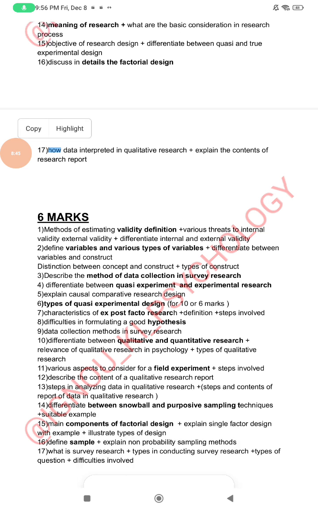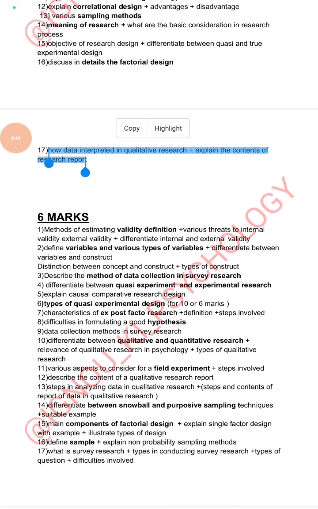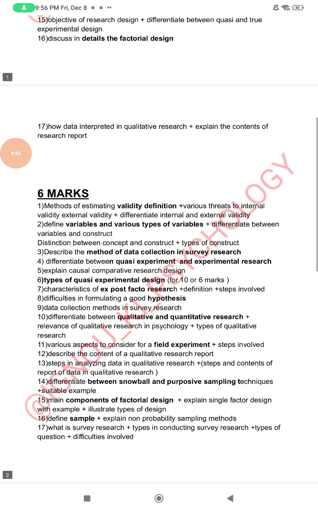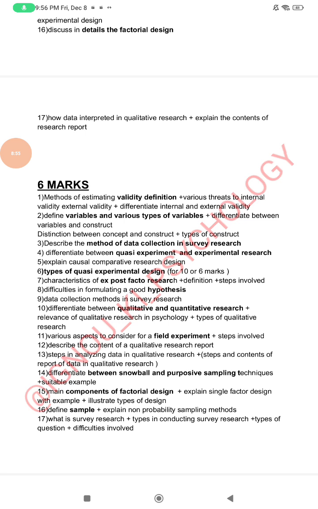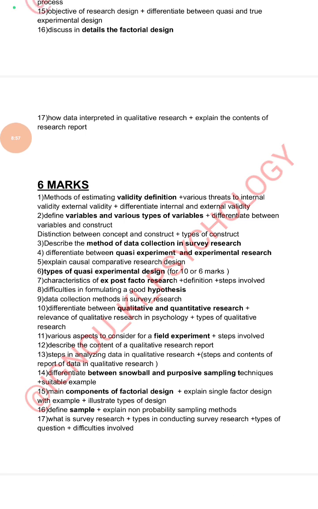Okay. Question number 17, how data is interpreted in qualitative research, plus explain the content of a research report. Question number 17 is about qualitative research. See, there are two very important kinds of research. One is qualitative and the second one is quantitative. Qualitative helps to formulate ideas or hypotheses.